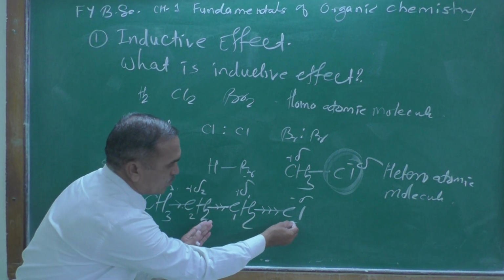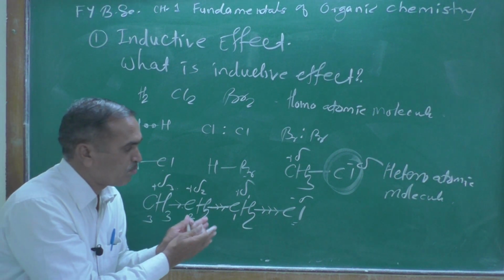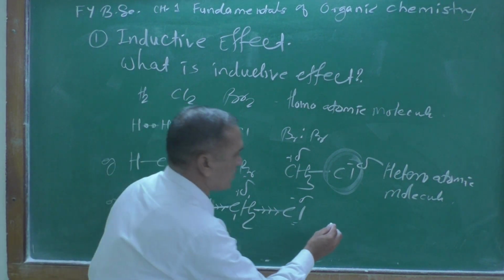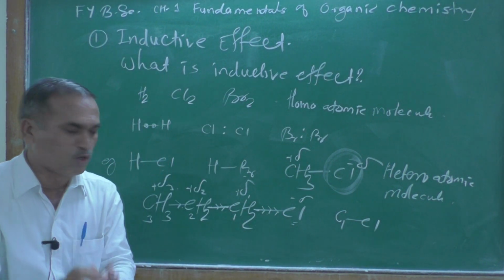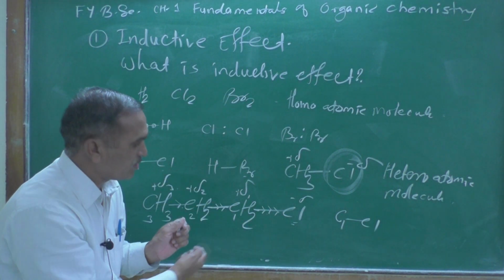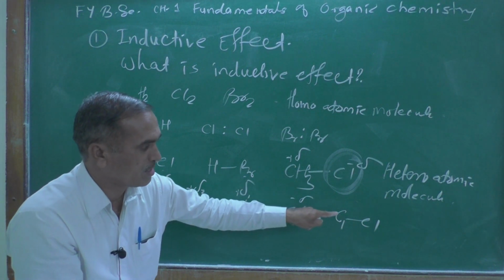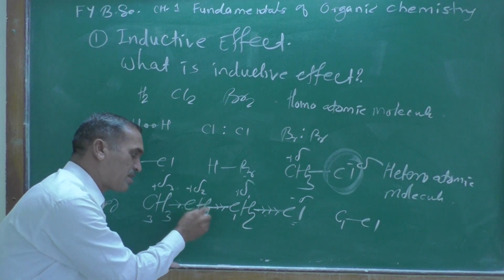Due to the electronegativity, the polarization occurred in the C1-Cl bond. When this bond gets polarized, the polarization is induced in the adjacent bond.